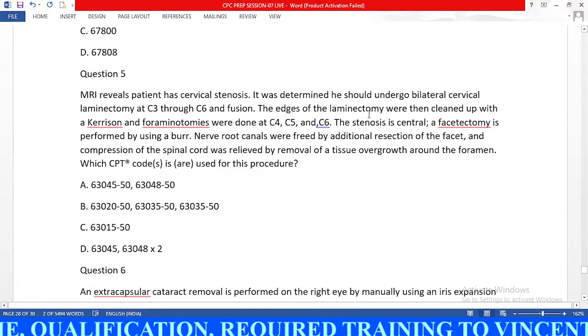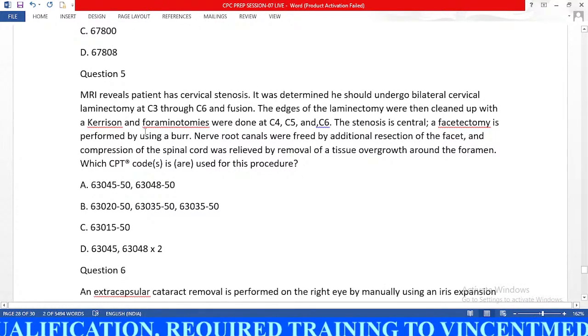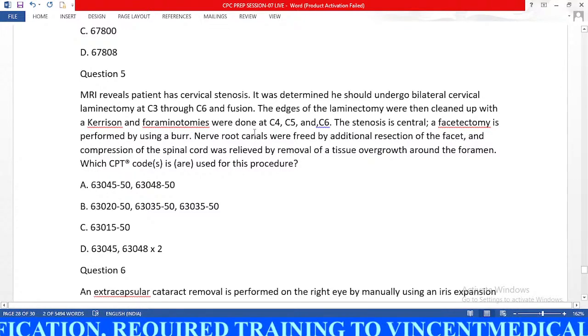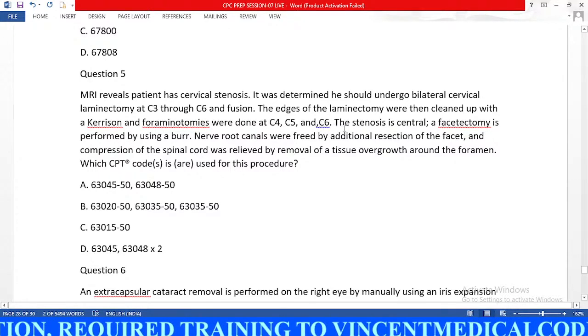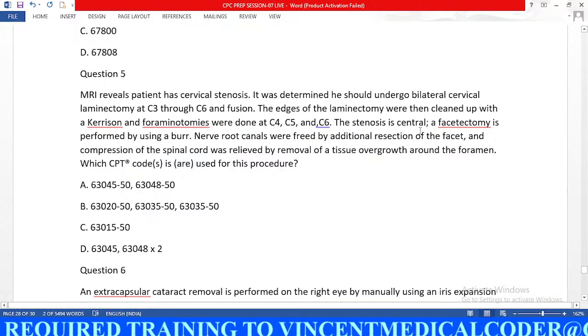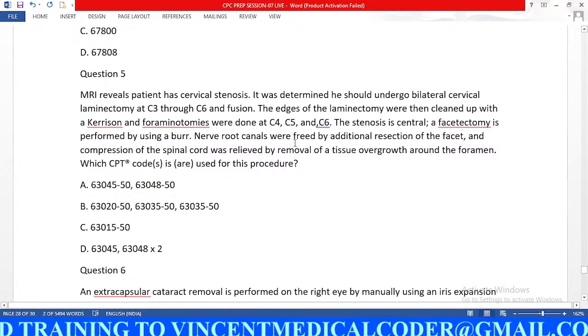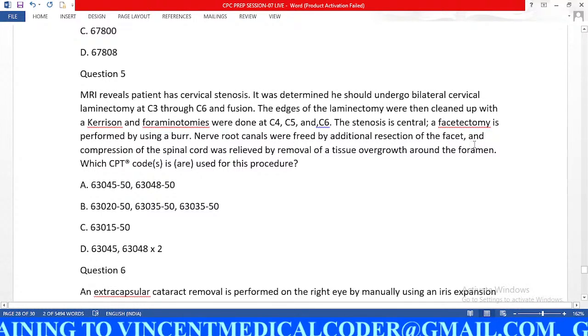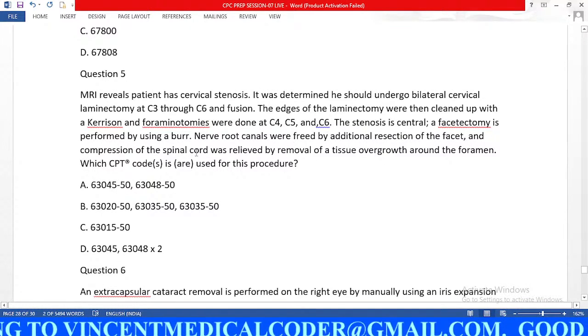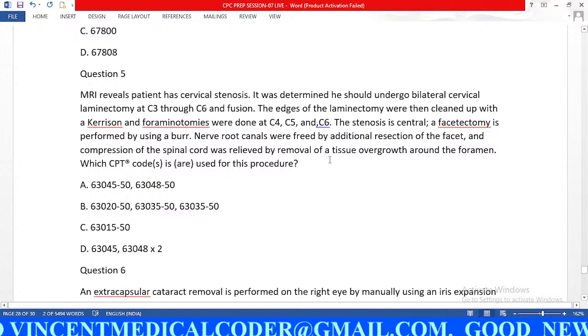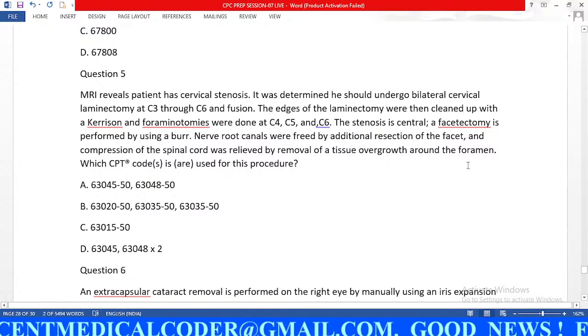The edges of the laminectomy were then cleaned up with a Kerrison and foraminotomies were done at C4, C5 and C6. The stenosis is central. A facetectomy is performed by using a burr. Nerve root canals were freed by additional resection of the facet and compression of the spinal cord was relieved by removal of the tissue overgrowth around the foramen.